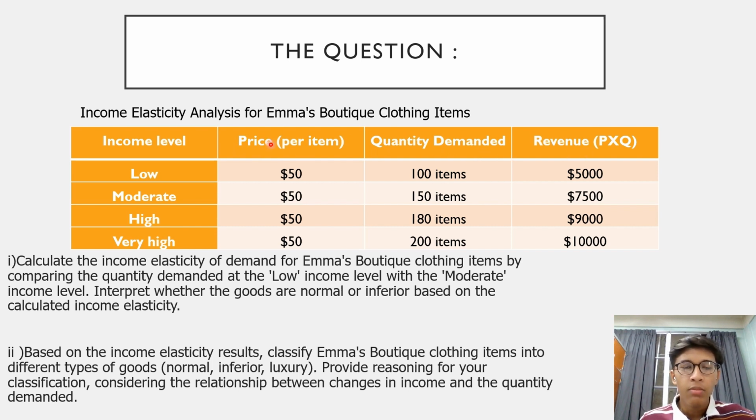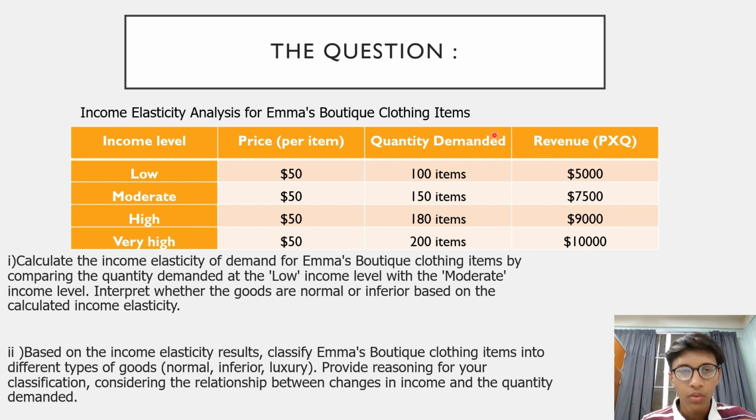For price per item, it is the same for each income level at $50. For quantity demanded, income level low is 100 items, moderate 150 items, high 180 items, and very high 200 items.